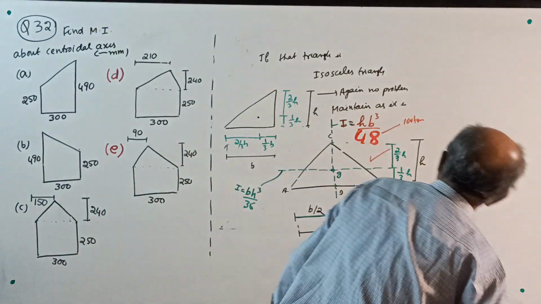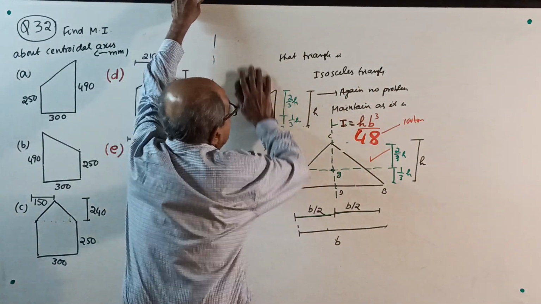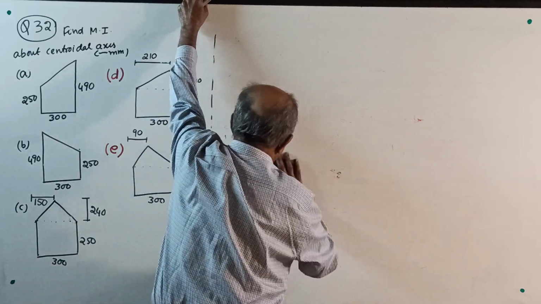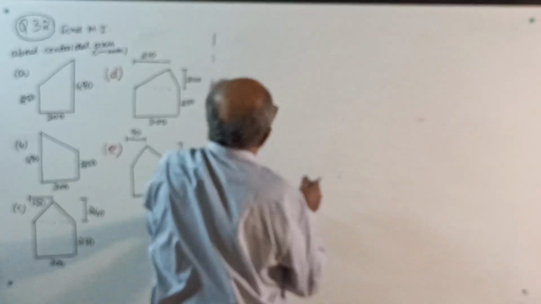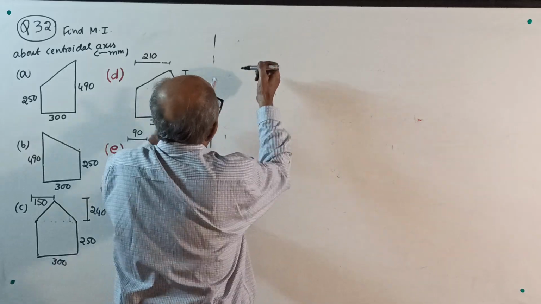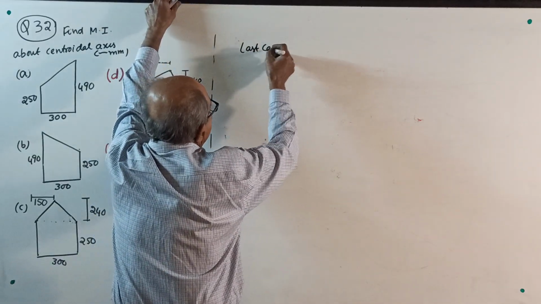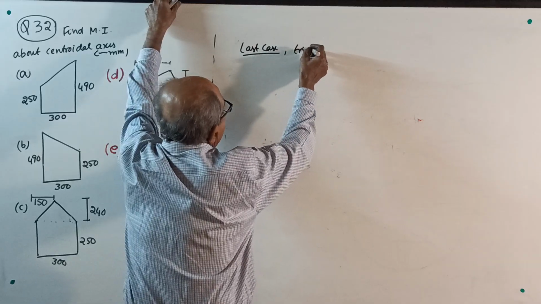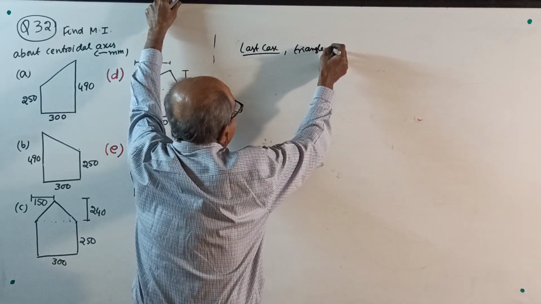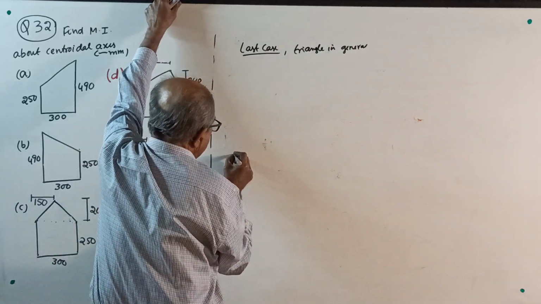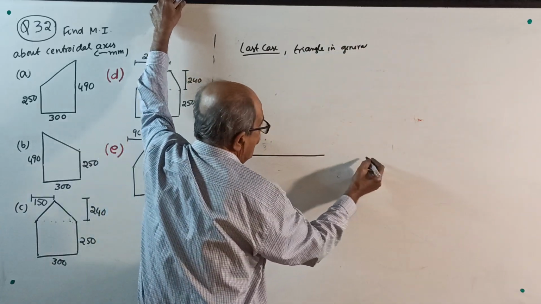Now, come to the last one. Triangle in general. This is where you should be careful. So many people make mistakes. Consider a triangle, but now the last case. Triangle in general. In general means, see, this way or this way.